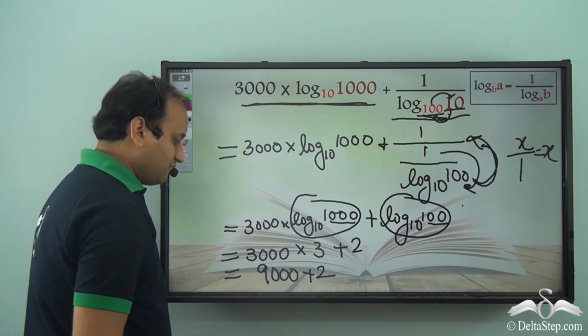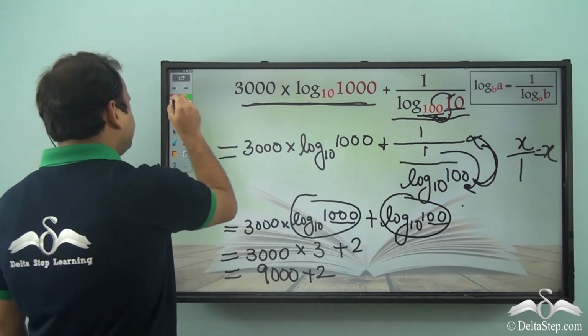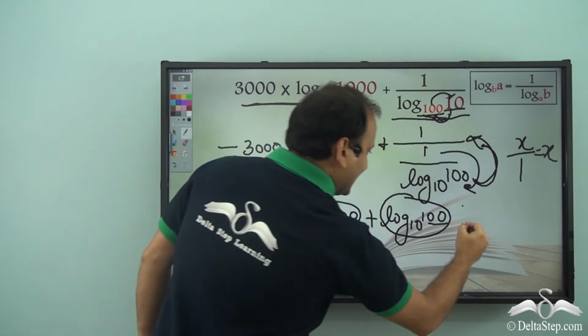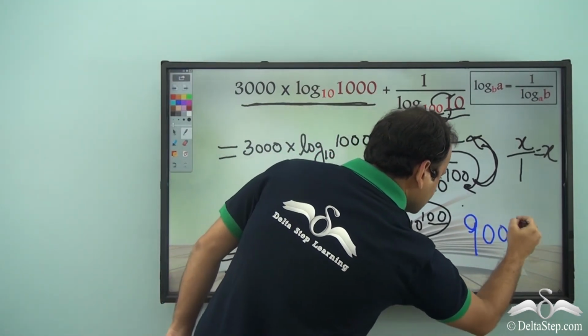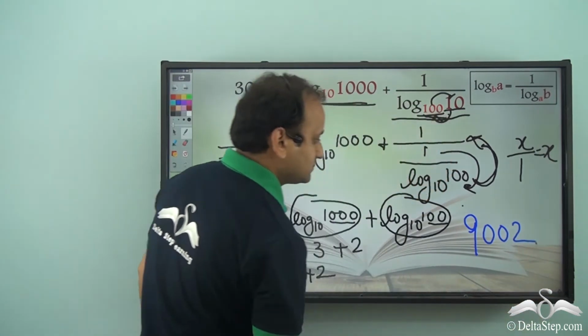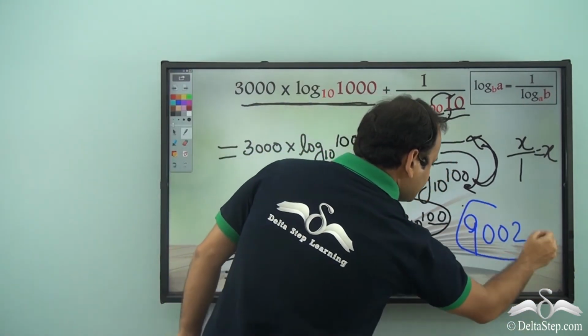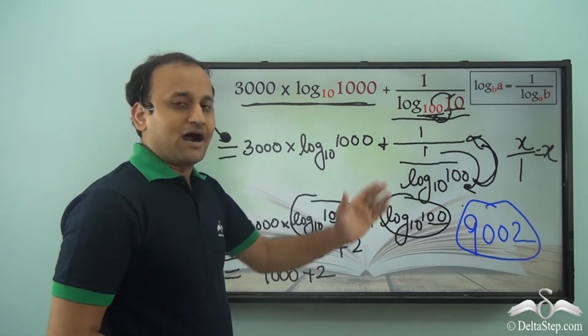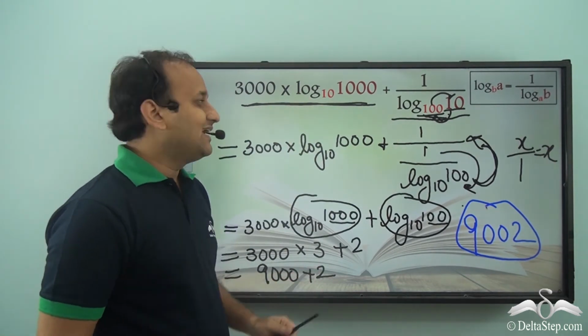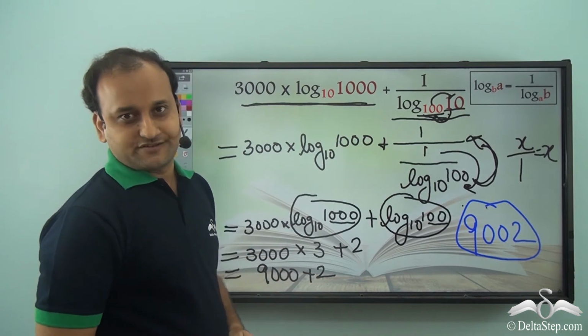So from here we'll get the answer as 9002. So this is the final speed with which they will have to enter the Mars environment, and only then they will be able to reach the surface.